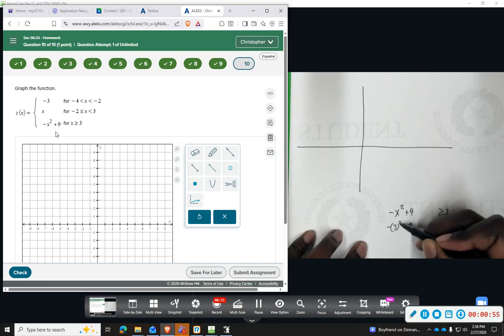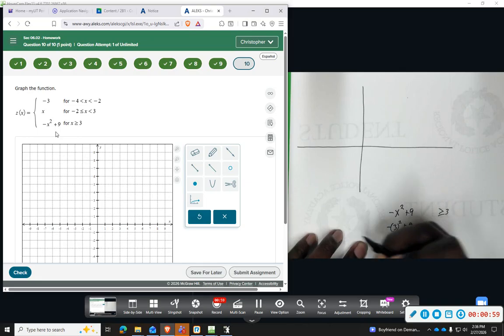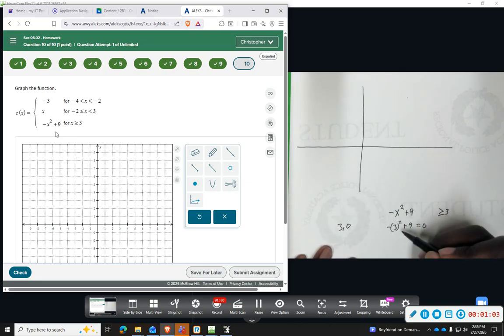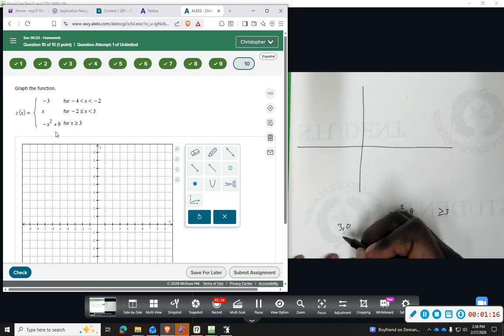So this will give me negative 9 plus 9, that would give me 0. So I'll get the ordered pair 3, 0. Then if I plugged in 2, I would do 2 squared, negative, plus 9. So negative 4 plus 9 gives me 5. So it would be at 2, 5.